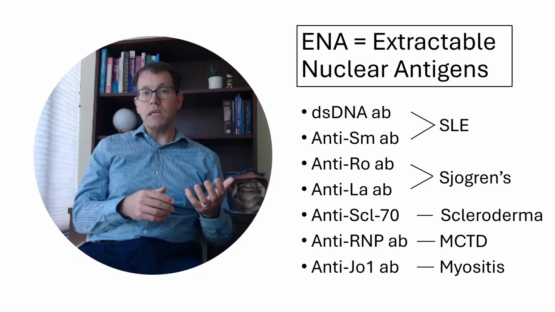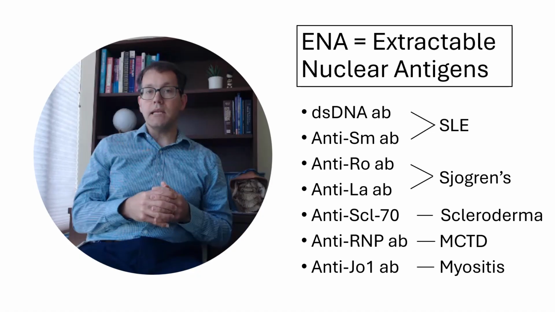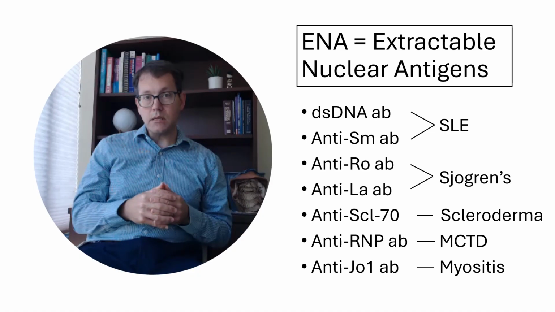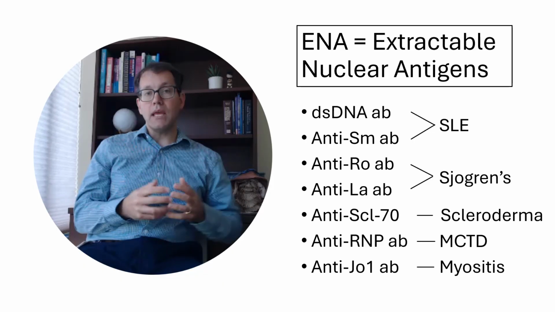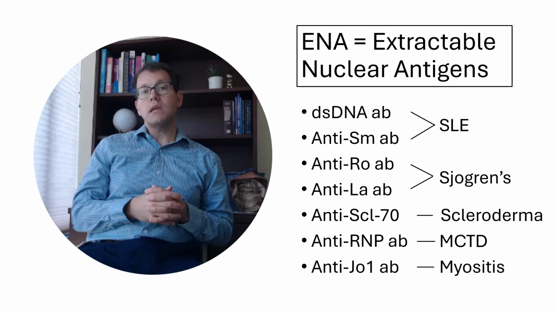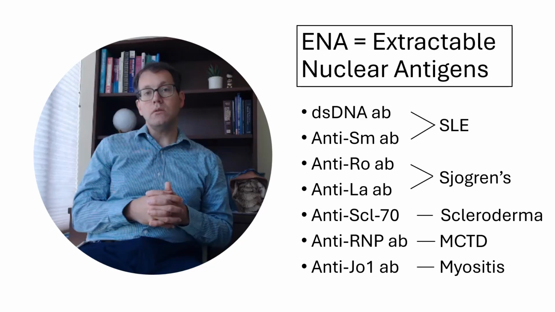So you will see that if someone has a double-stranded DNA antibody, or if they have an anti-Sm or Smith antibody, then there's a much stronger association with systemic lupus.